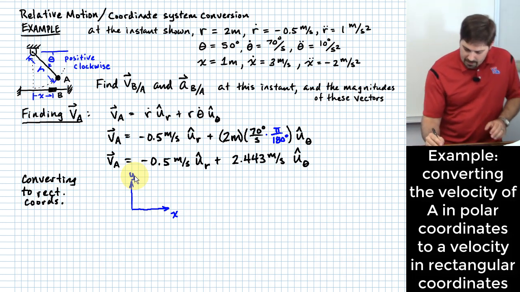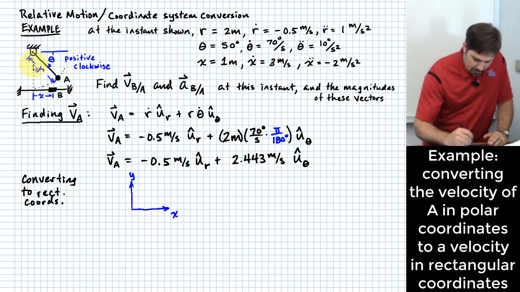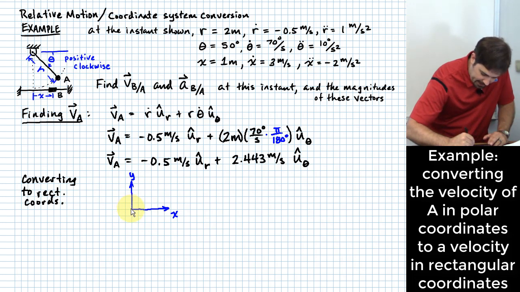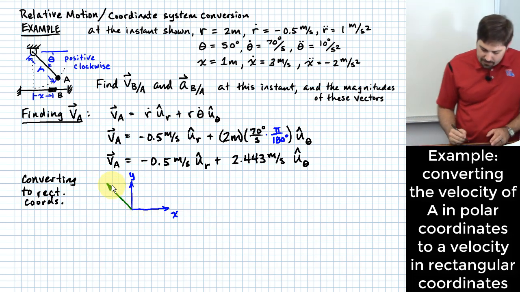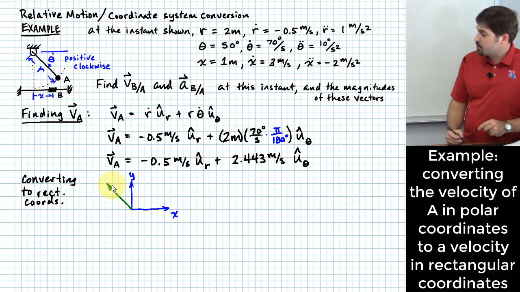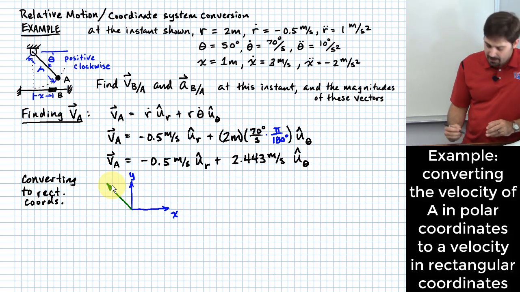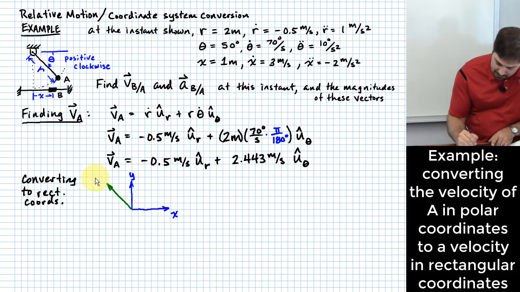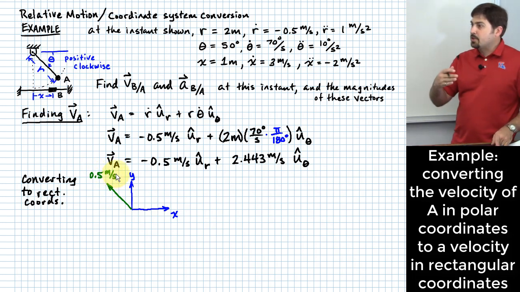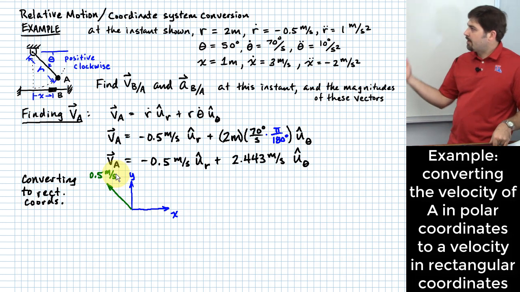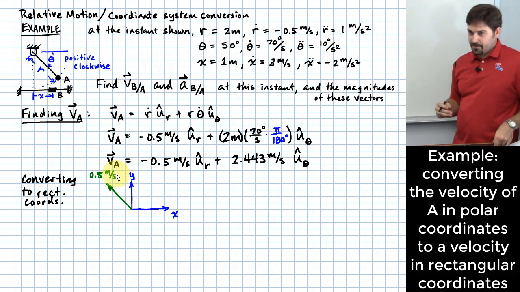At this instant. Okay, so what I'm going to do is show that as a velocity going up like this, right? And I've shown it the actual direction it's going, so I'm going to strip the sign off of it, right? So this is an actual positive 0.5 meter per second, because I've shown it going the direction that the negative 0.5 meter per second implies. Does that make sense? Okay.